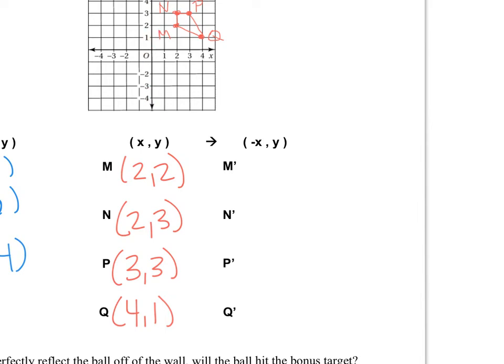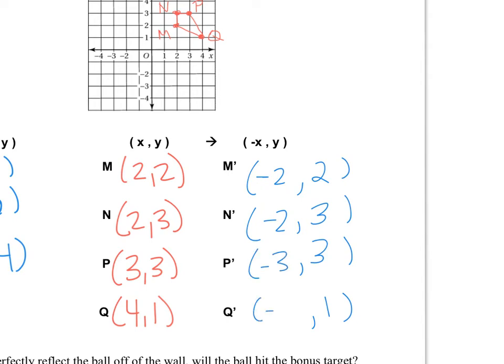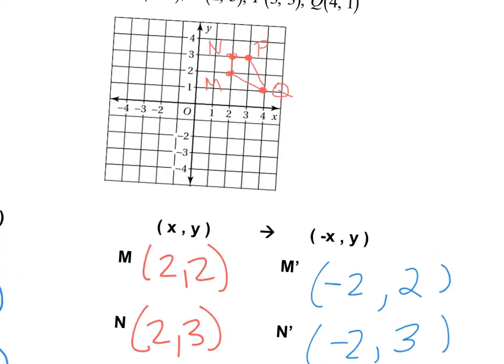Now, in order to reflect over the y-axis, we are going to keep all the y-coordinates the same, but change the x-coordinates. So if you would like to keep the y-coordinates first the same, we have 2, 3, 3, and 1. And then your x-coordinates get multiplied by -1, so -2, -2, -3, and -4. So now I'm going to graph those on the coordinate plane.